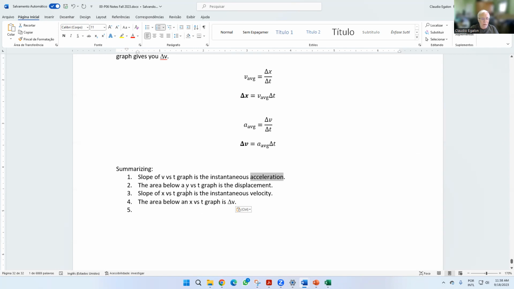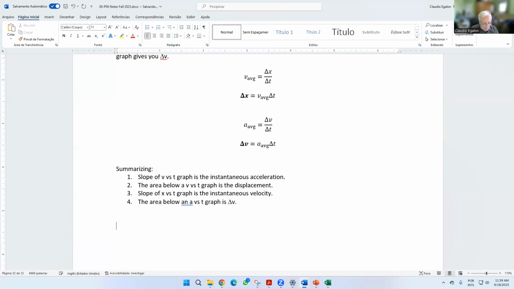When it goes for the area, it goes down. From v, you get delta x, displacement. And here the area is of a versus t, okay? You get delta v. Like that. You slope up, area down. Can you remember that?